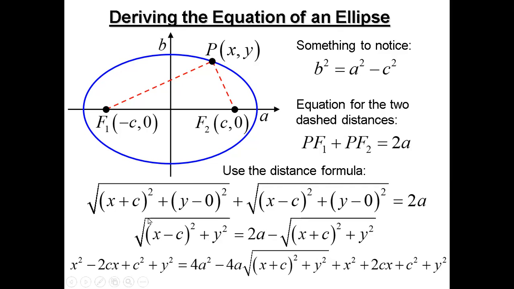Next, we need to cancel out the radical sign here on the left, and in doing so, we are going to raise it to the power of 2. So we square both sides of the equation. Since we square the left side, the radical sign now will be gone or will cancel with the exponent 2.